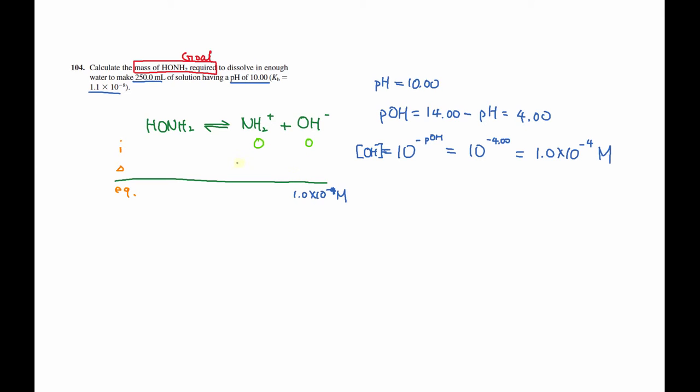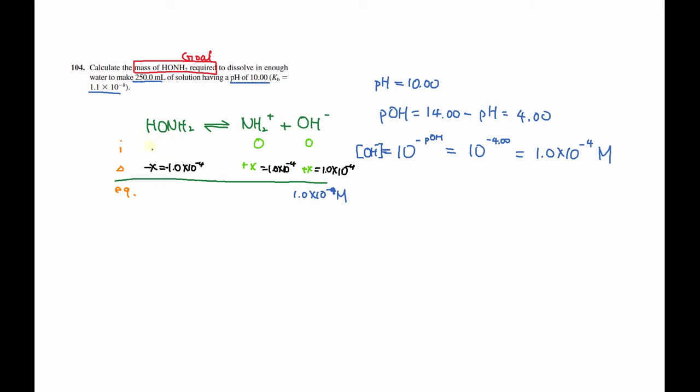And from this you can deduce that there's a plus x and plus x, but that plus x is going to be simply this value. So we have 1.0 times 10 to the negative 4th, and the same thing. And due to the stoichiometry, we know there has to be negative x, and that's simply negative 1.0 times 10 to the negative 4th.